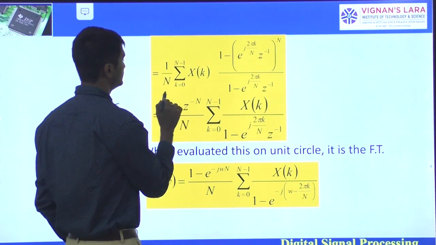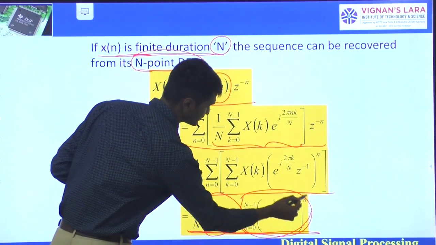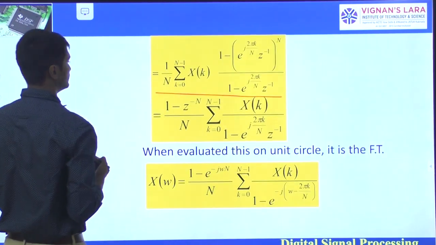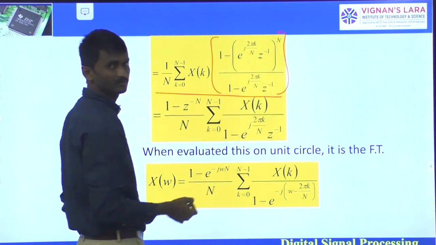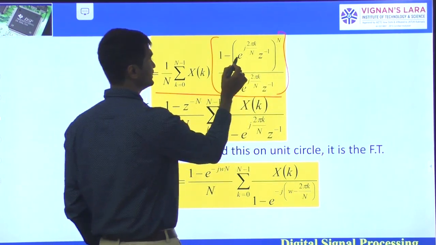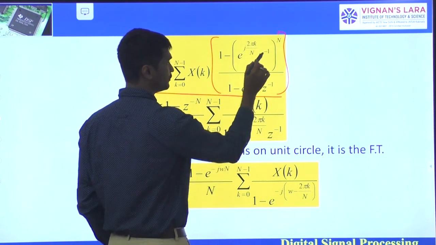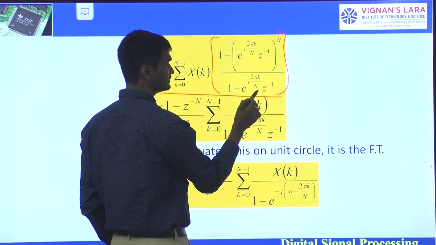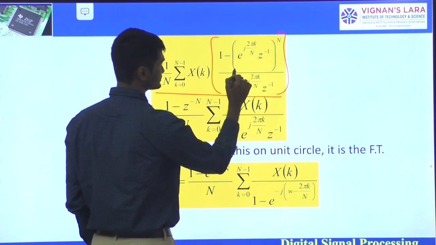So now apply the GP formula for this sum from 0 to N minus 1. Then it is in the form of 1 minus a power N by 1 minus a. So that is 1 minus e power j 2 pi k by N times z power minus 1, whole power N, by 1 minus e power j 2 pi k by N z power minus 1.